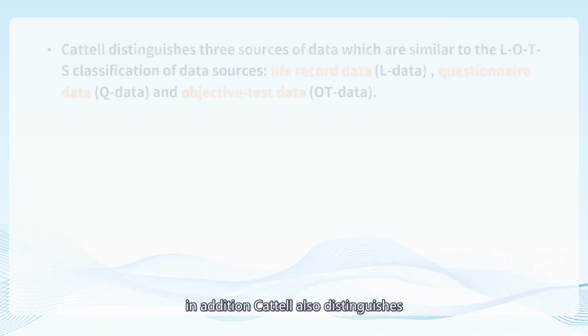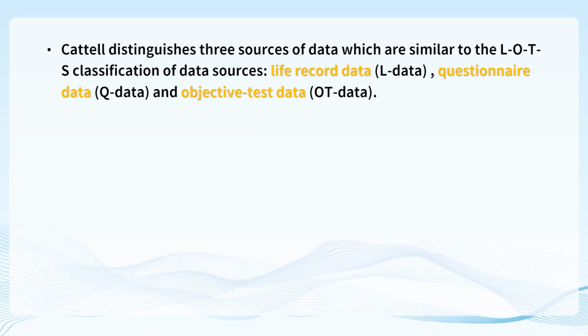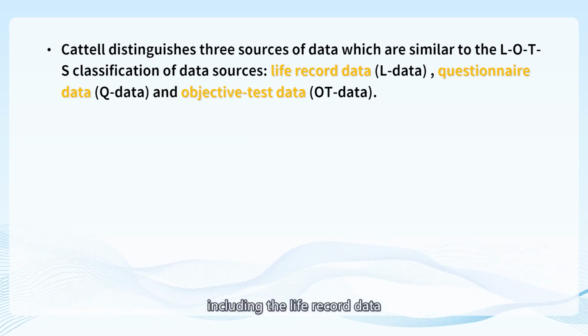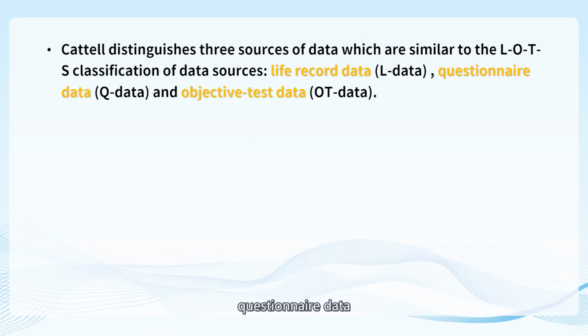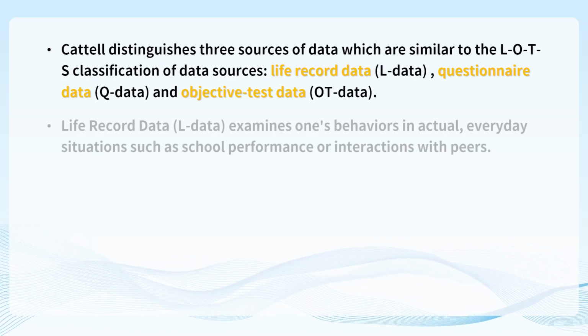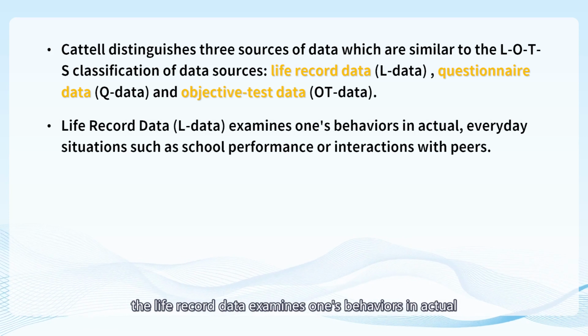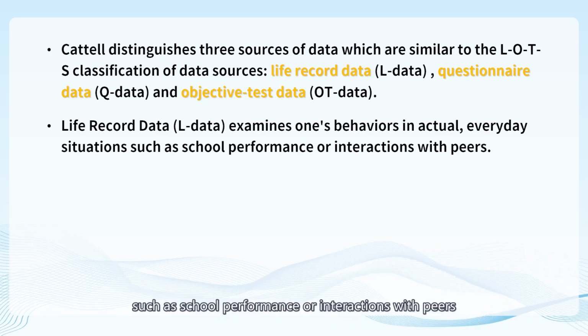In addition, Cattell also distinguished three sorts of data, including the life record data, L data, questionnaire data, Q data, and objective test data, OT data. The life record data examines one's behaviors in actual everyday situations, such as school performance or interaction with peers.